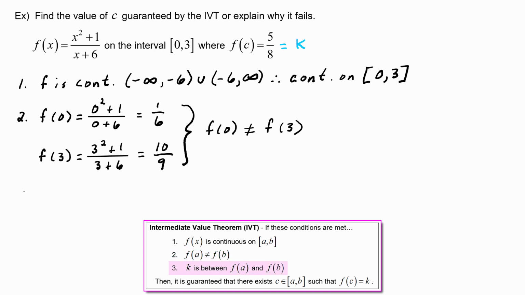Now in step 3, we have to decide if our value for k, which we know is 5/8, lives between f of 0 and f of 3. And certainly 5/8 is in between 1/6 and 10/9. So remember, we can write that as an inequality. 1/6 is less than 5/8 is less than 10/9.